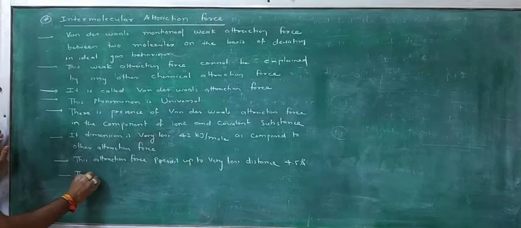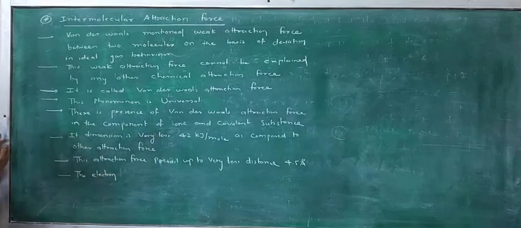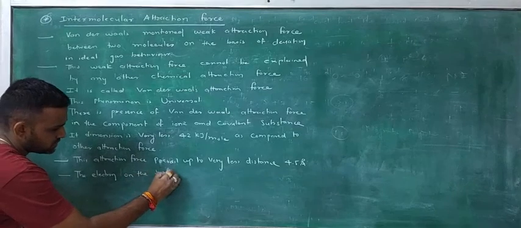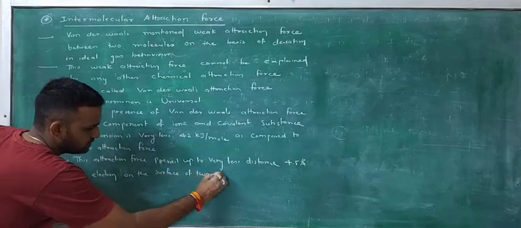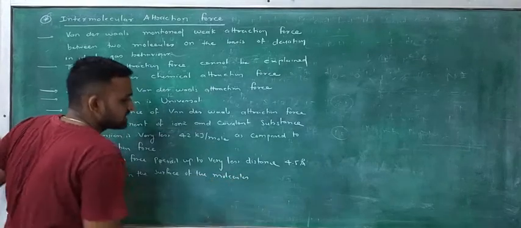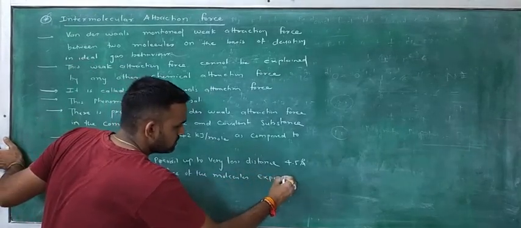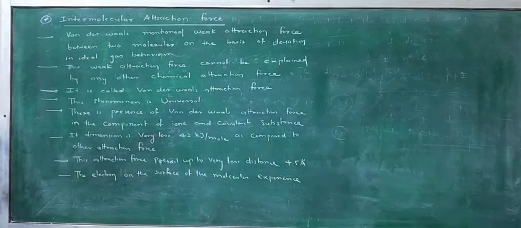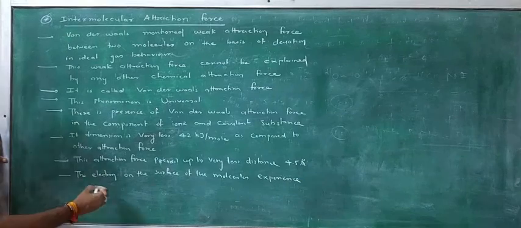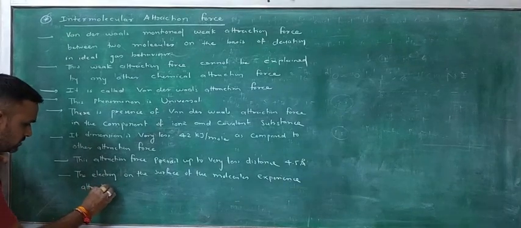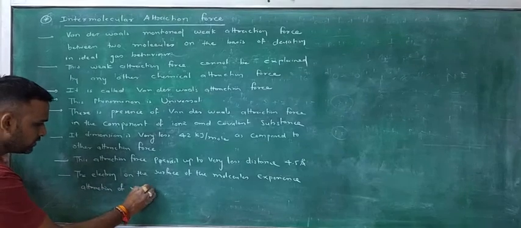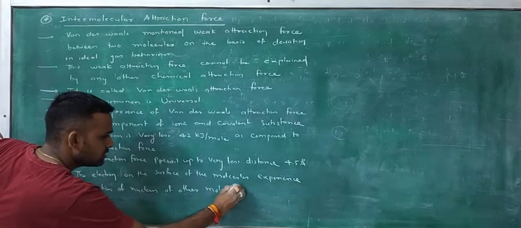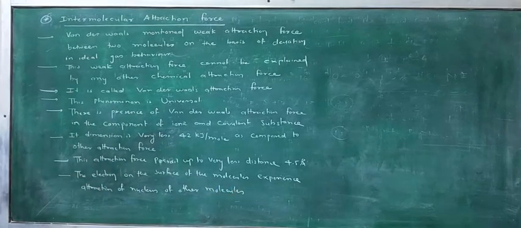You can say the electrons on the surface of the molecules experience attraction of the nucleus of other molecules. Understand? Of other molecules. Is it clear?